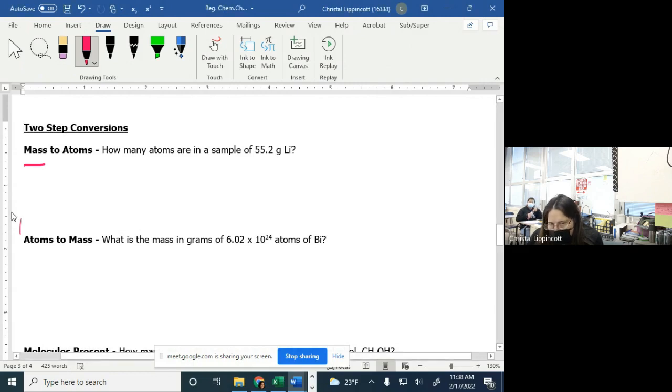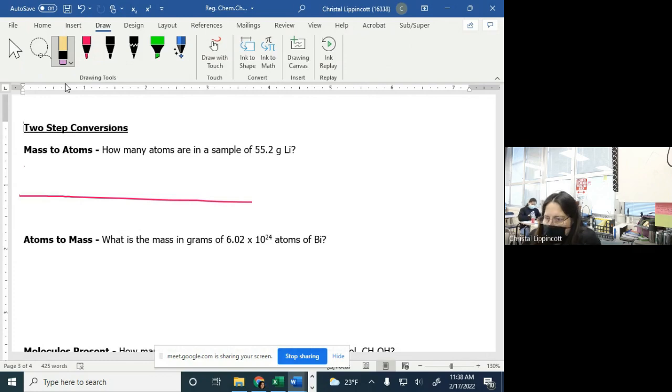All right, so I'm going to start out with my 55.2 grams of Li. I'm going to go from grams to moles, and then I'm going to go from moles to atoms.